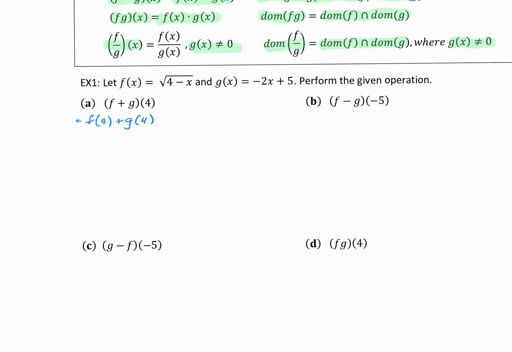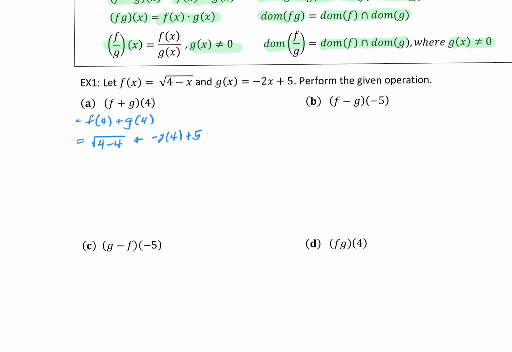If you look at your function f, it's the square root of 4 minus x. So if I put in 4 for x, I've got the square root of 4 minus 4, which will turn into 0, plus g, which is negative 2x plus 5. This would be plus negative 2 times 4 plus 5.